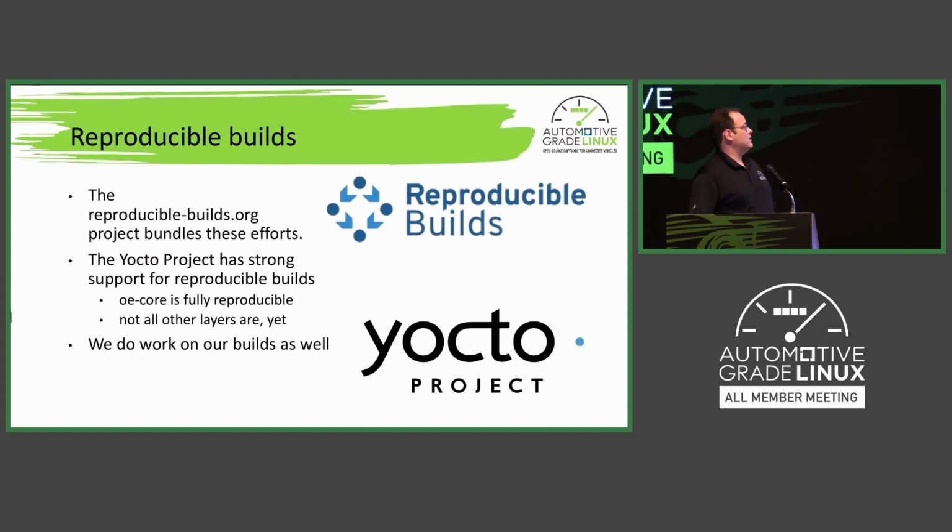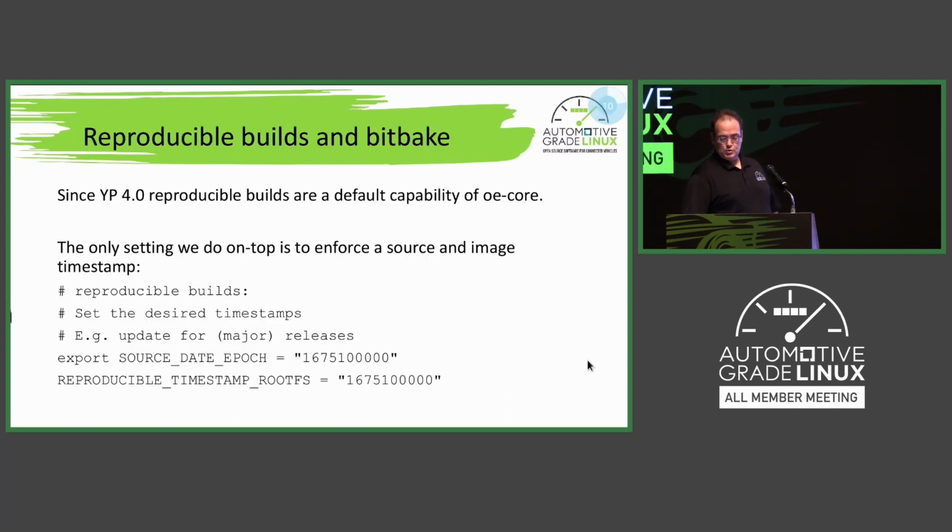And also AGL works towards this. Now, we have more layers than just OE-Core, right? So we have more to do. Since Kirkstone, Yocto Project 4.0, the reproducible builds are part of OpenEmbedded-Core.